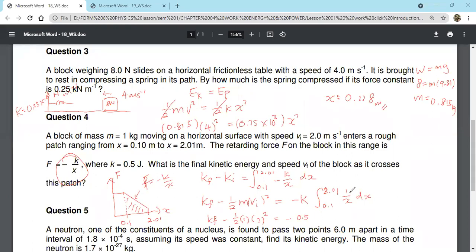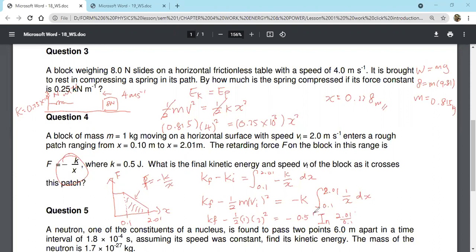Integration of 1 over x dx will be equal to ln. So it will be equal to ln of 2.01 over 0.1.